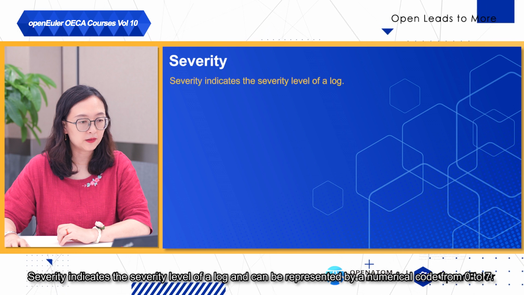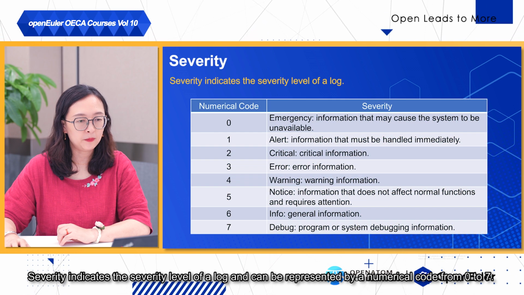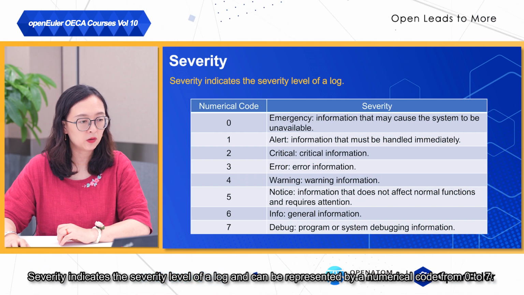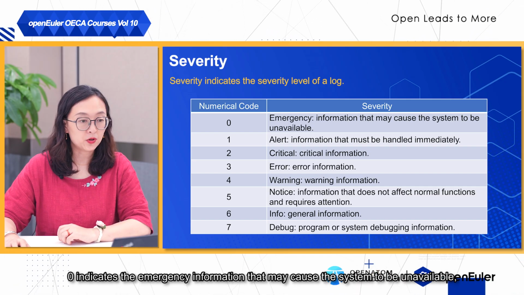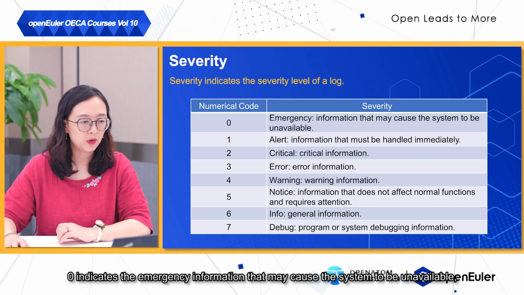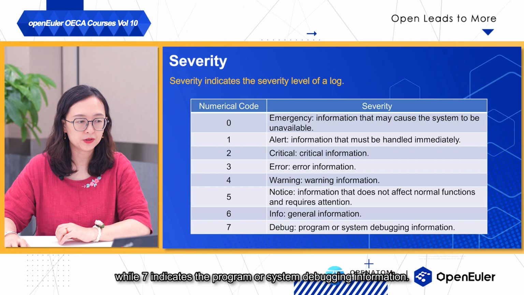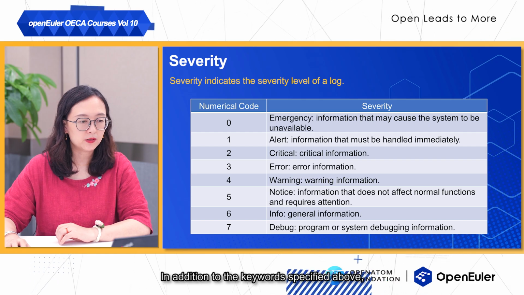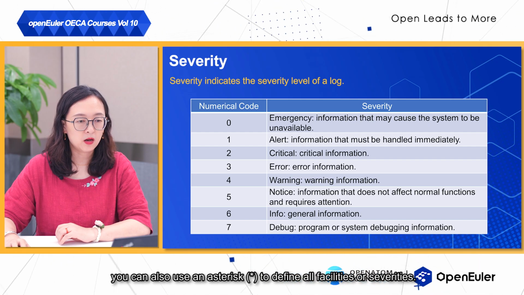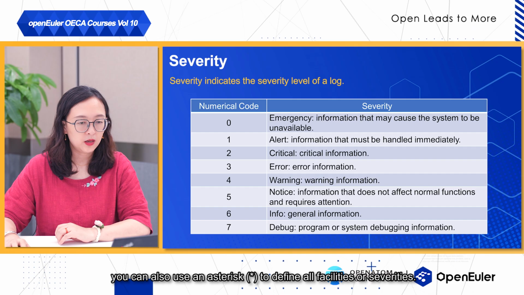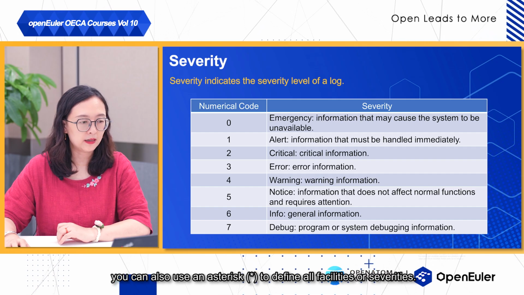Severity indicates the severity level of a log and can be represented by a numerical code from 0 to 7. 0 indicates emergency information that may cause the system to be unavailable, while 7 indicates program or system debugging information. In addition to the keywords specified above, you can also use an asterisk to define all facilities or severities.